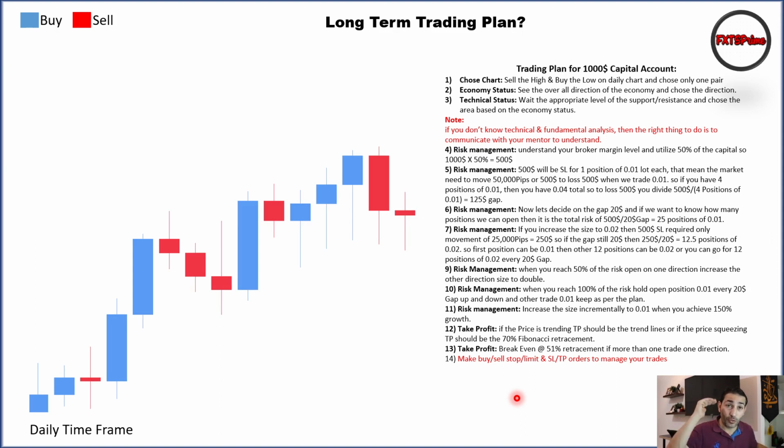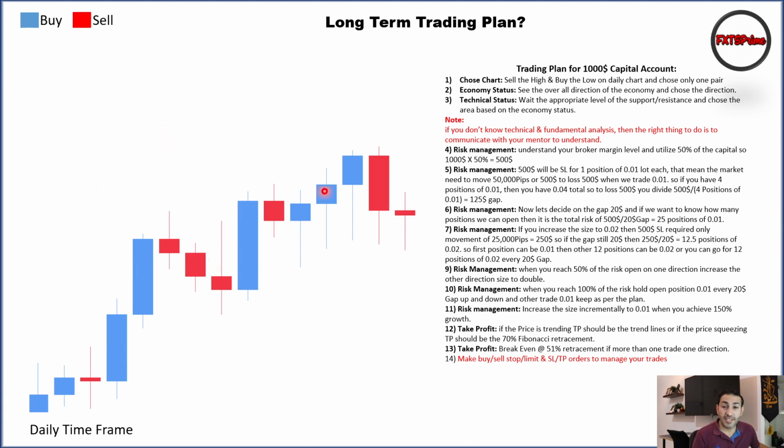Then after that, you go for that level and enter your first entry and you start to build on that entry every $20 gap. Don't forget to set up your trading orders, your stop buy limits, and your stop loss and take profit.